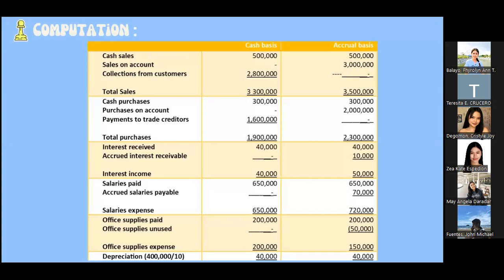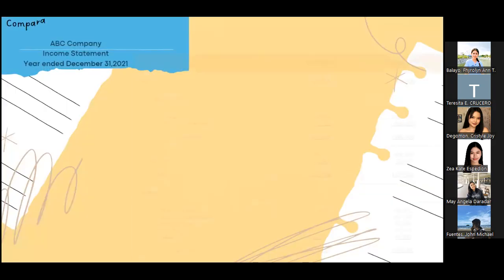For accrual basis, we have cash purchases of 300,000 and purchases on account of 2 million with a total purchases of 2,300,000.